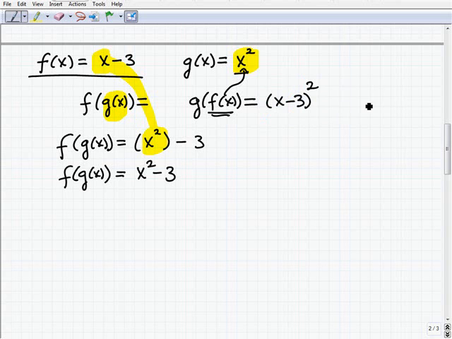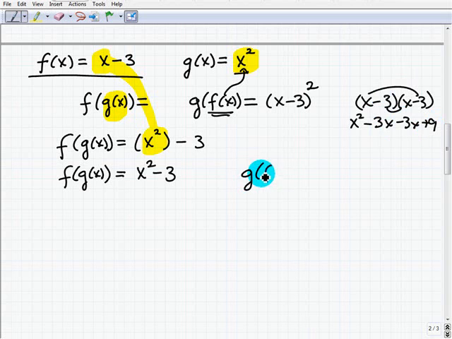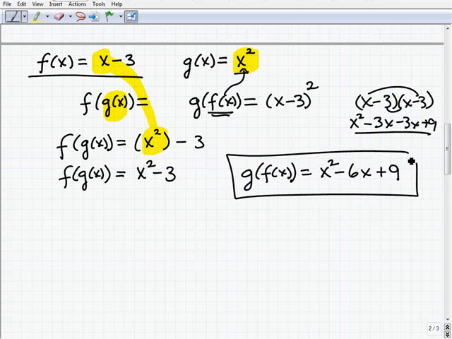Let's just use our FOIL method here. X minus 3, and there's a couple other techniques you have. X squared, negative 3x, another negative 3x, and a positive 9. So g of f of x, when you combine like terms and everything's said and done here, is x squared minus 6x plus 9. So there's g of f of x and f of g of x.